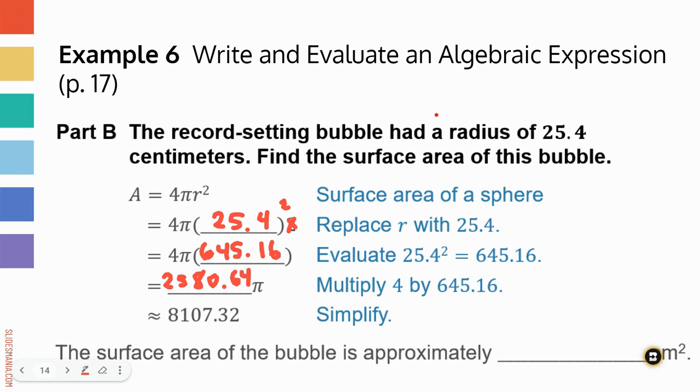And that all is multiplied by pi. And then you can multiply 2580.64 times pi, and you're going to get an answer that is approximately 8,107.32. So the surface area of the bubble is approximately 8,107.32 meters squared.